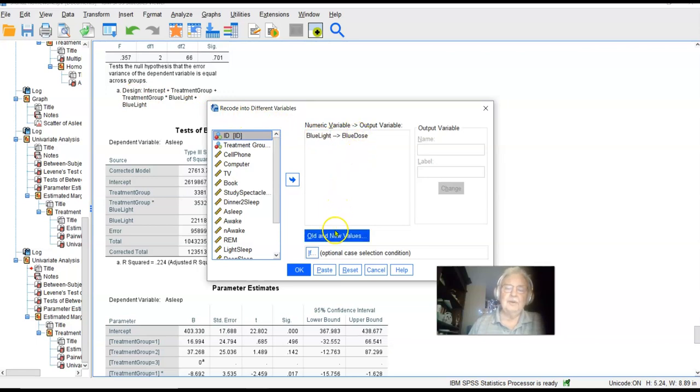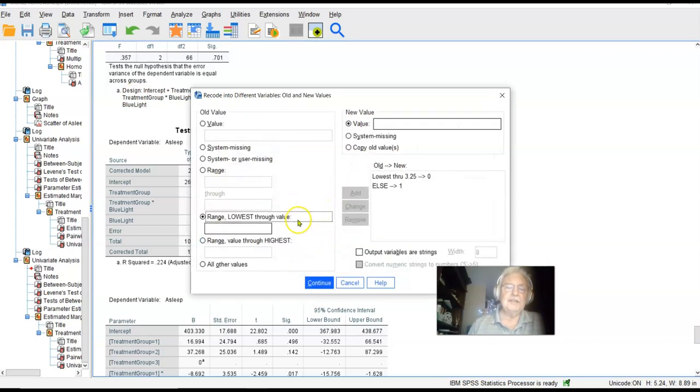And what we're going to do is do a median split. The median blue light value is 3.25. So if values are less than 3.25, we're going to give it a 0. And if they're greater, we're going to give them a 1.